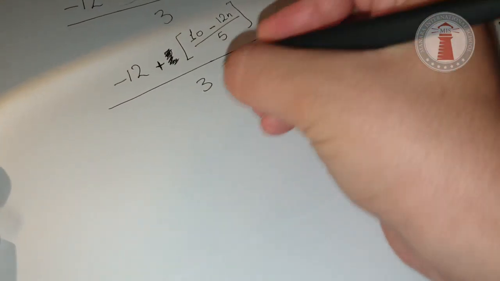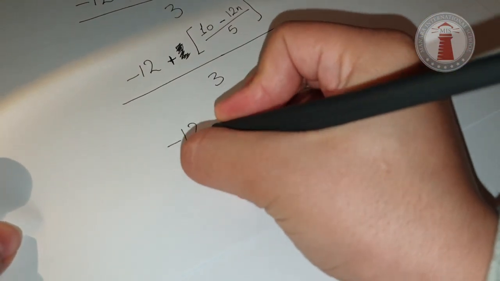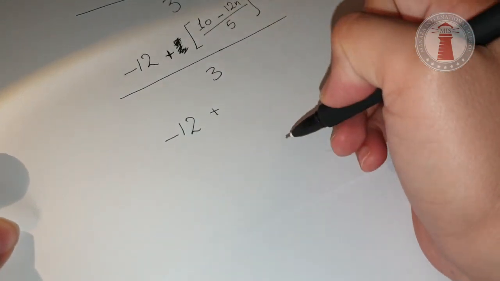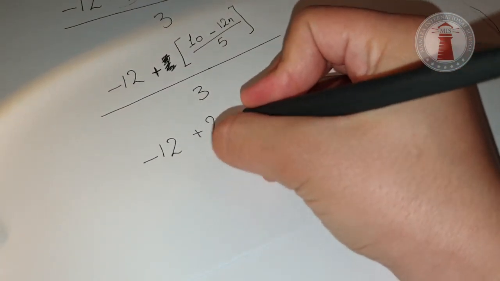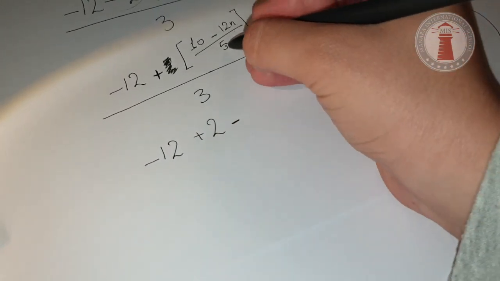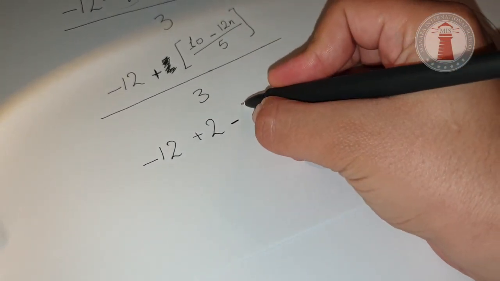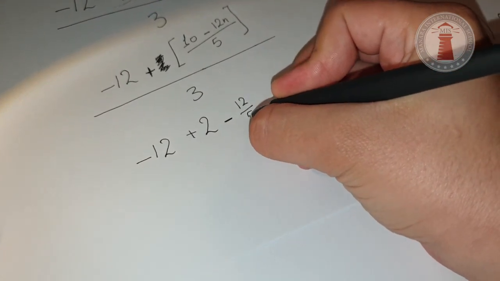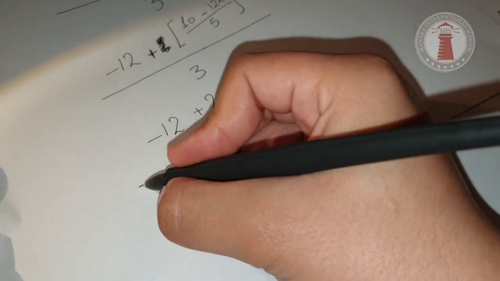Here we'll be having negative 12 plus the first term, which is 10 over 5, which is 2. And then we have negative 12n over 5.